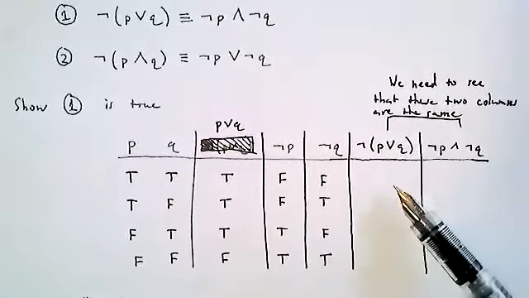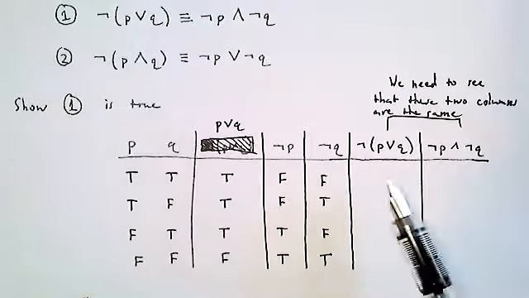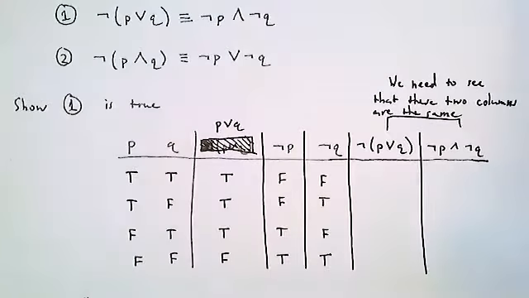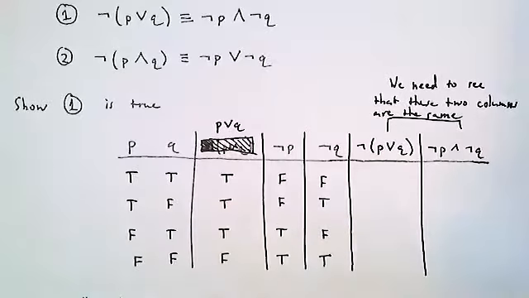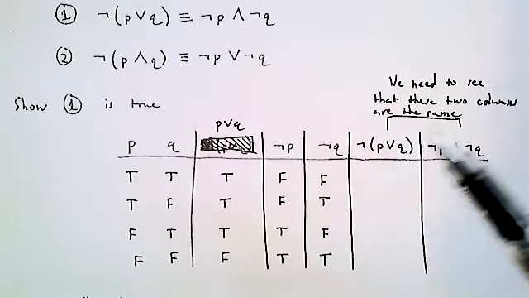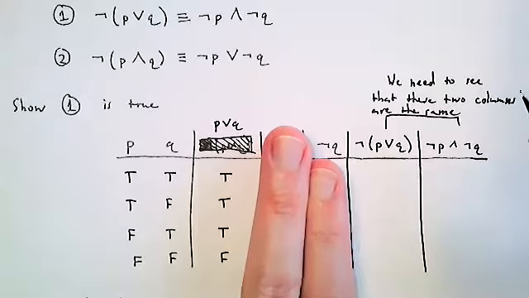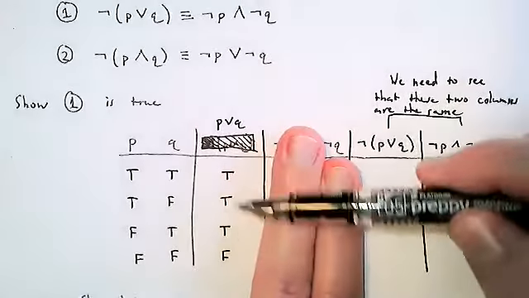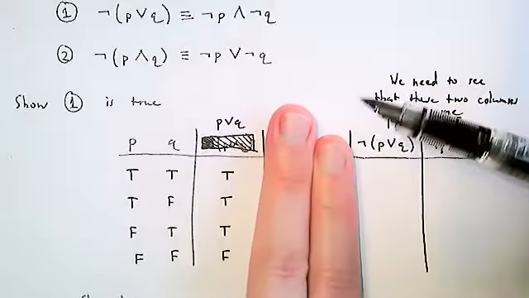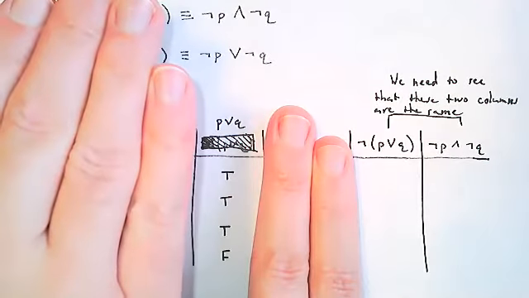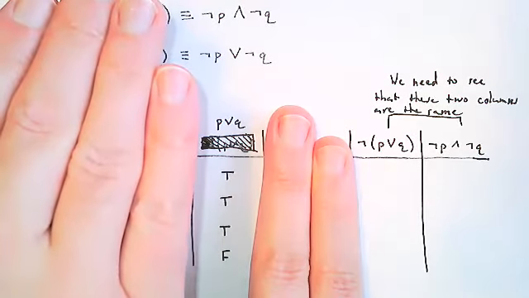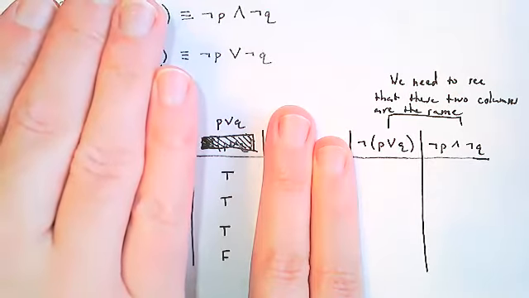Next, we need to build up the whole left side. And for this one, we just have to look at this column and switch. Yes, that's the right answer. We switch the truth values in this column, and we can ignore everything else for now. So we just get a false, false, false, and then a true.